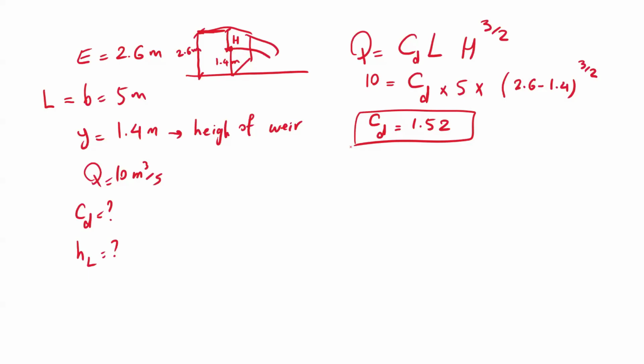It asks for the losses. When talking about losses, there is no way other than using the energy equation. I will say that this is 1, this is 2. E1 should be equal to E2 plus HL, the normal Bernoulli equation.